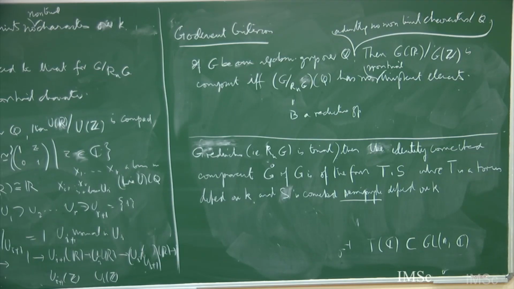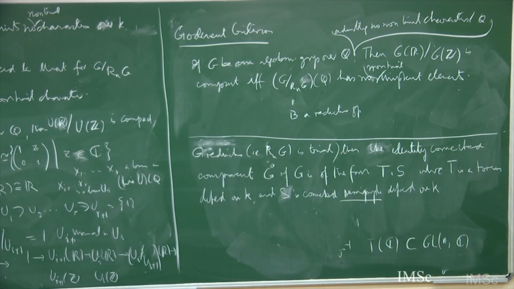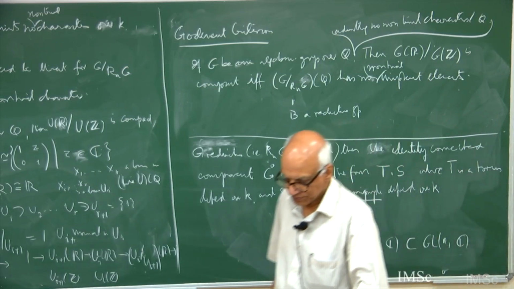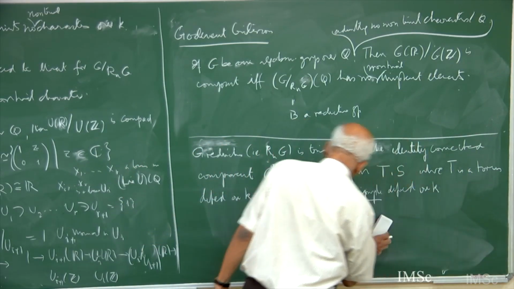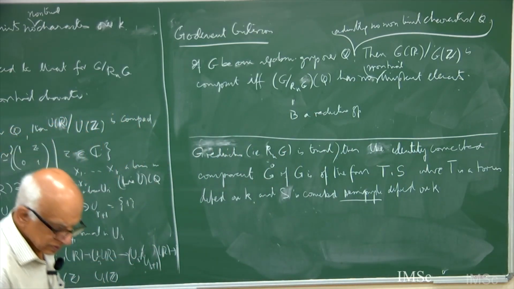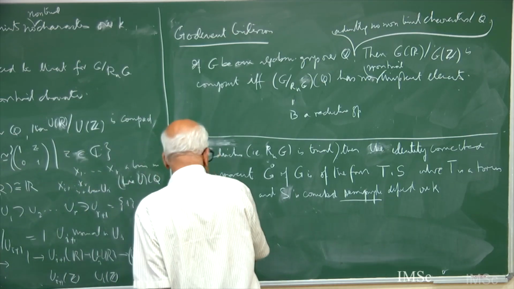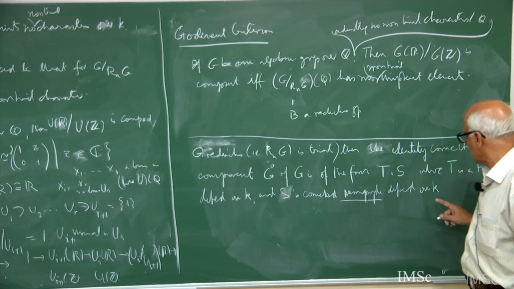I don't know if people are familiar with this, or should I say something more about it? Maybe I'll say what a semi-simple Lie algebra is. Semi-simplicity has nothing to do with the field of definition.